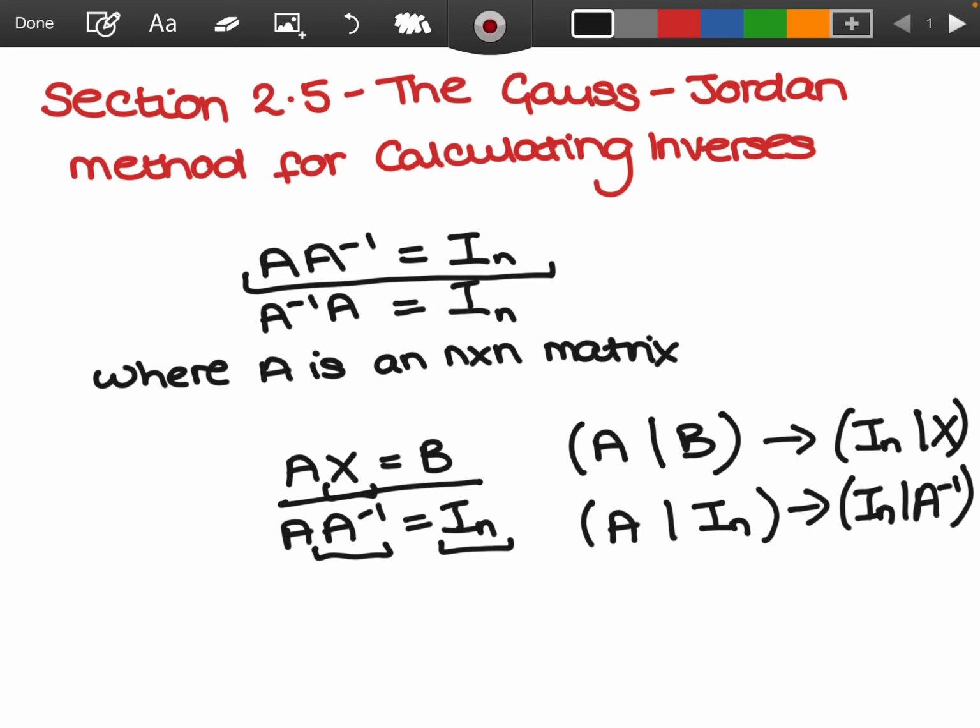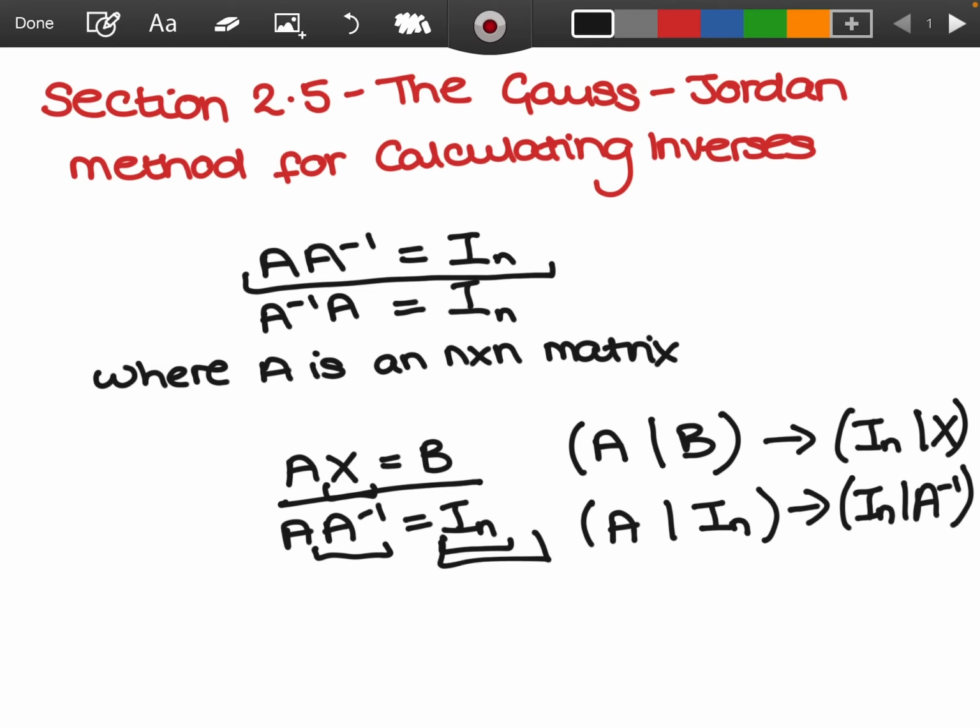When we did it first with that system of equations, I put A on the left and B on the right. I then tried to solve it and simplify it all the way down to where I had the identity on the left and whatever my solution was on the right-hand side. And I could just read it off as X is equal to this, Y is equal to this, Z is equal to this.